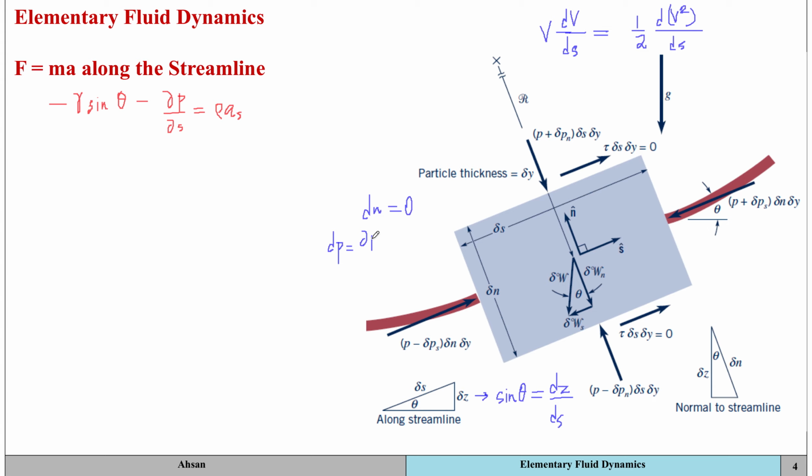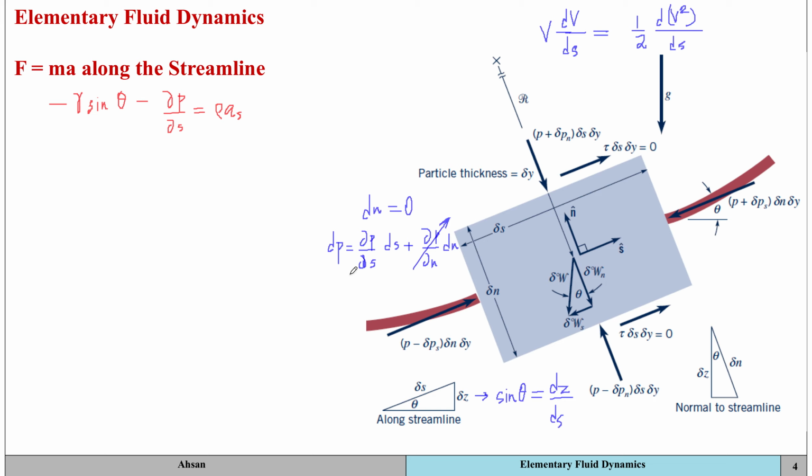So the component of pressure as it changes along the streamline, partial p by partial s, multiplied by ds, plus partial p by partial n, pressure as it changes in the normal direction, multiplied by dn. And now because dn is 0 along the streamline, then this term is going to be 0.